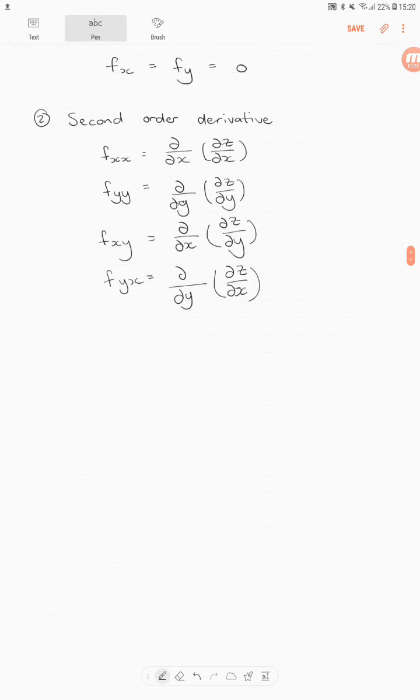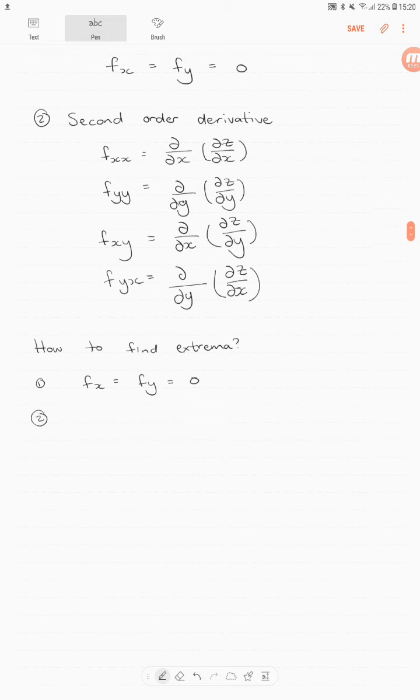So how do we find the extrema? First, our first order partial condition is that the partial derivatives must be equal to 0.